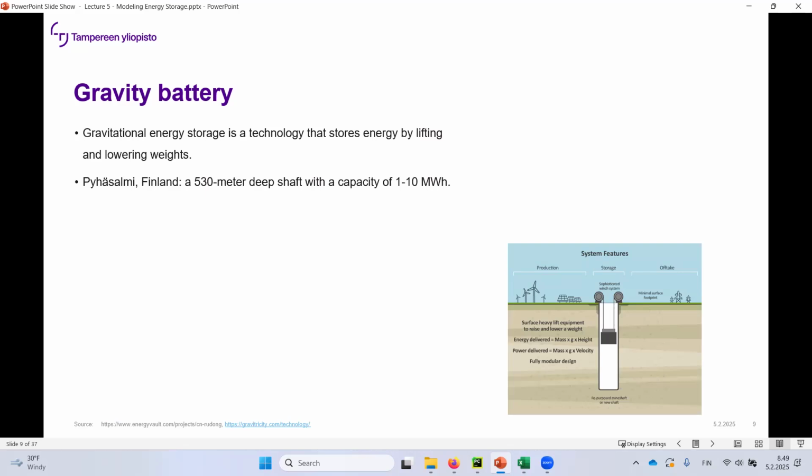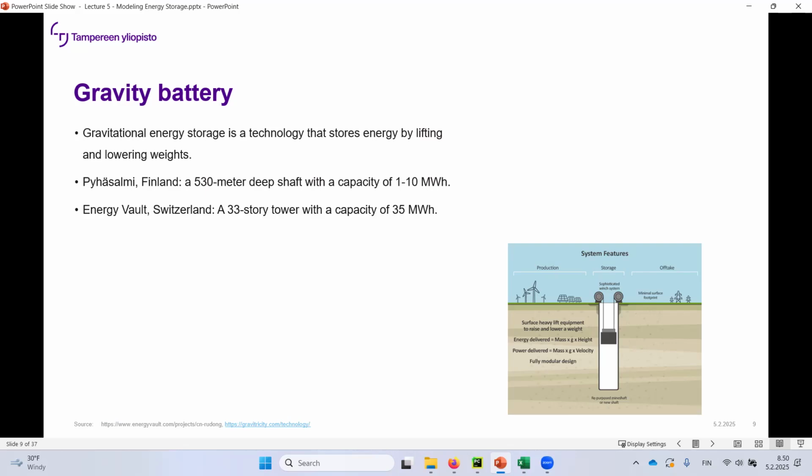You lower down a mass in a deep mining system, and the capacity was supposed to be from 1 to 10 megawatt hours, so it's not that large. But the advantage of this system is that it has a really good round trip efficiency, and the energy doesn't dissipate as a function of time. So you don't lose the energy. In water reservoirs, it can evaporate. In batteries, there's a lot of self-discharge, but this doesn't self-discharge. You put it on a shelf and it stays in there.